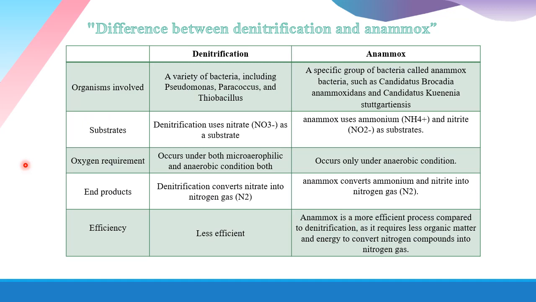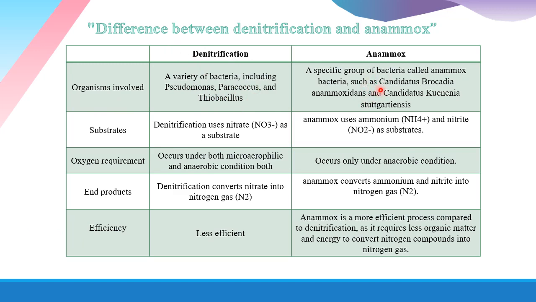As we have discussed, both denitrification and Anammox play an important role in the release of nitrogen gas into the atmosphere from ammonium or nitrate. But there are certain differences between them. In the case of denitrification, the organisms involved are a variety of bacteria, including Pseudomonas, Paracoccus, and Thiobacillus.